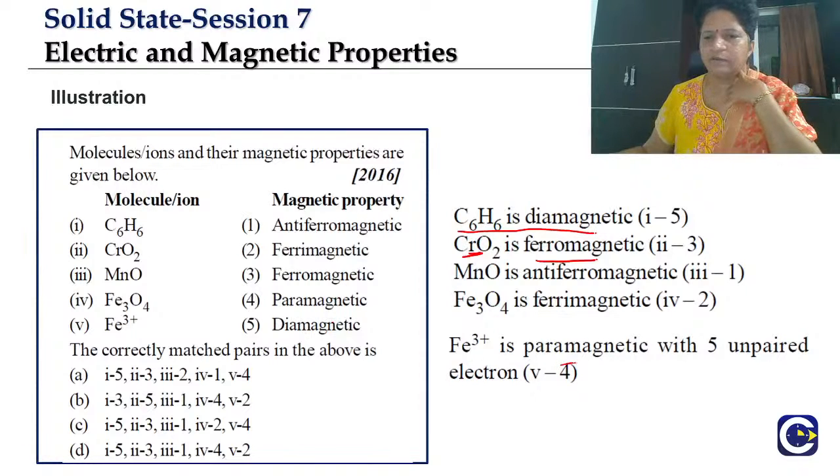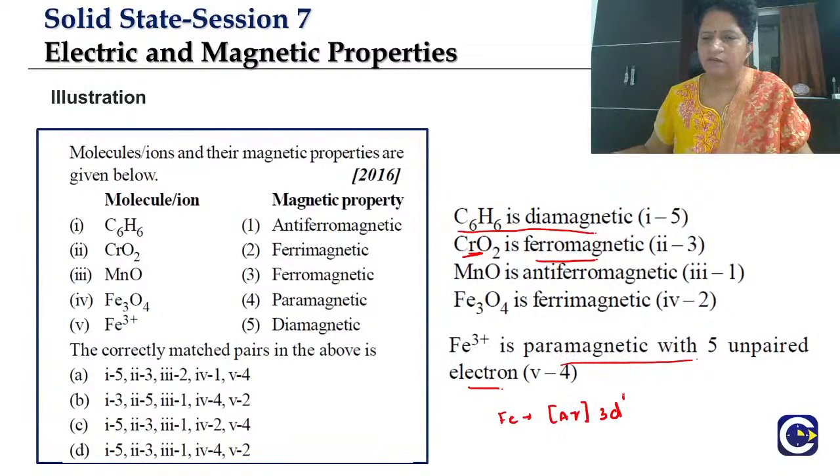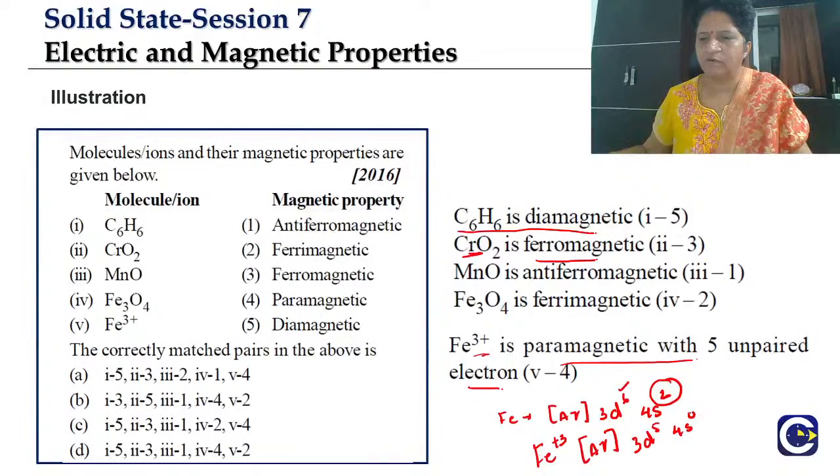Ferric ion is paramagnetic with 5 unpaired electrons. How? Iron is argon 3d6 4s2 in electronic configuration. For plus 3, the 2 electrons from 4s and 1 electron from 3d are taken out. So argon 3d5 4s0.